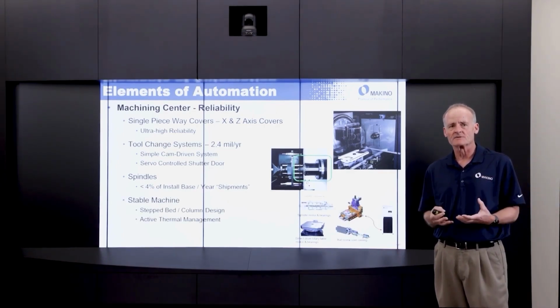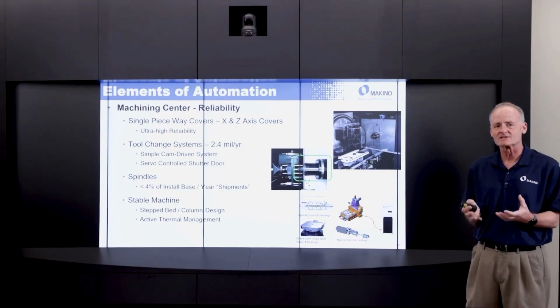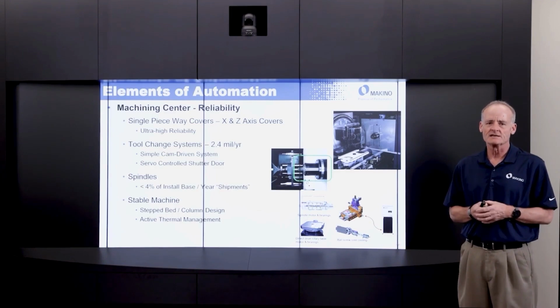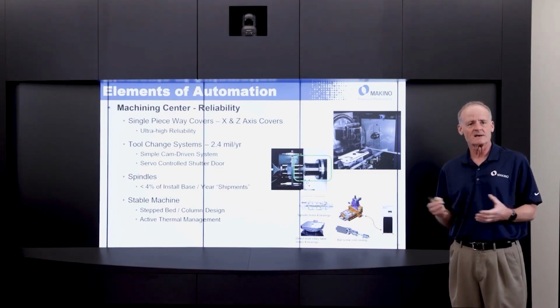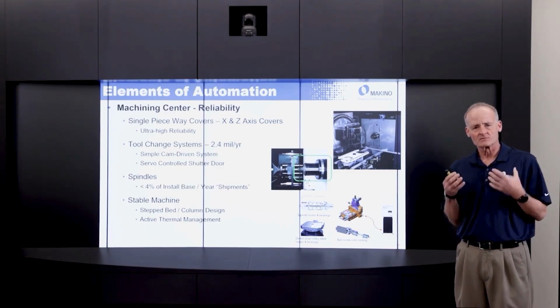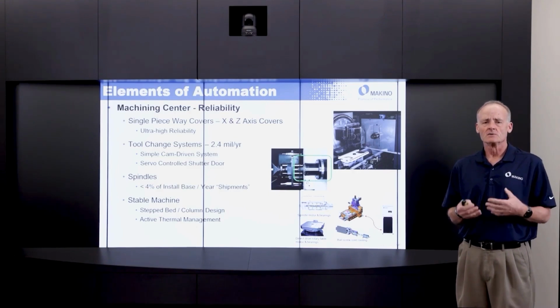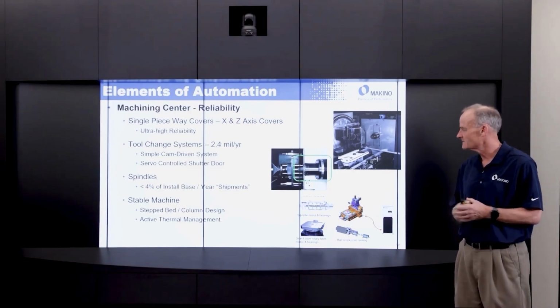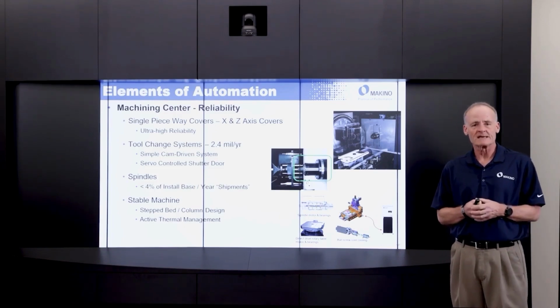And then the stability of the machine, because you want to have a stable process, and I'll talk a little bit about that in a minute. You want to have a machine that is stable. So we've got the step bed and column design that adds rigidity to the machining center, which adds stability to your machining process. And then our active thermal management system.